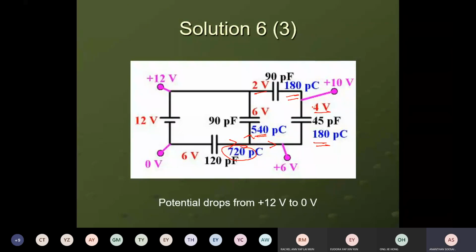Okay. So this is one question about capacitors in series and parallel together. For any capacitor question, the first thing you must find is C total. Then you find the Q total. Then the other sequence you have to figure out. Any questions?